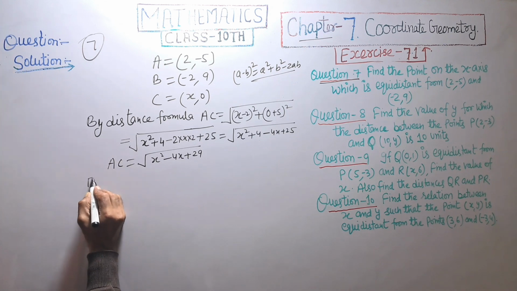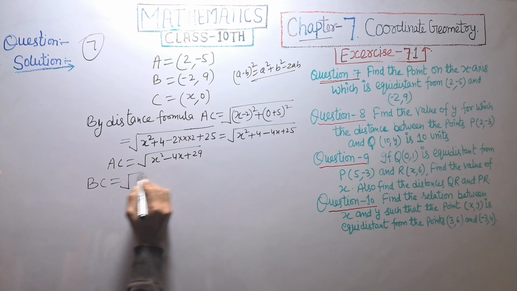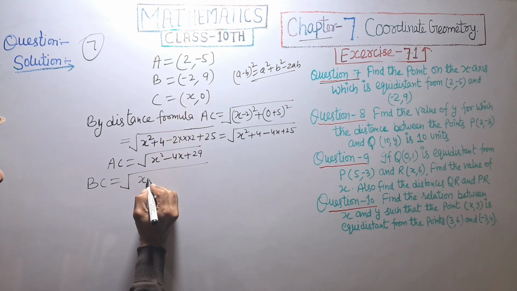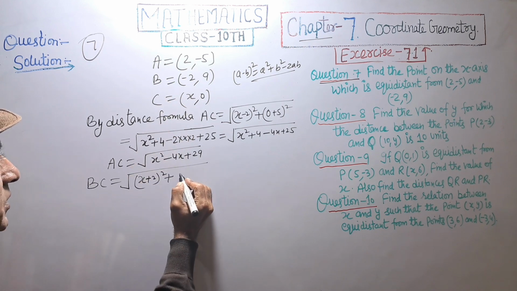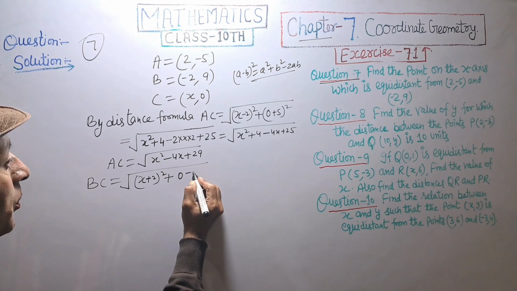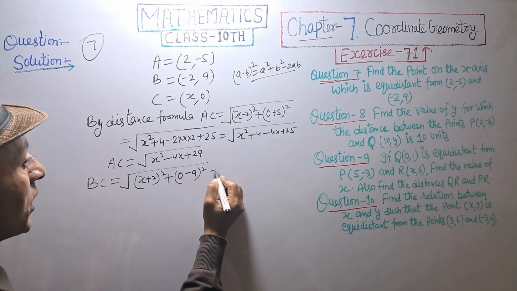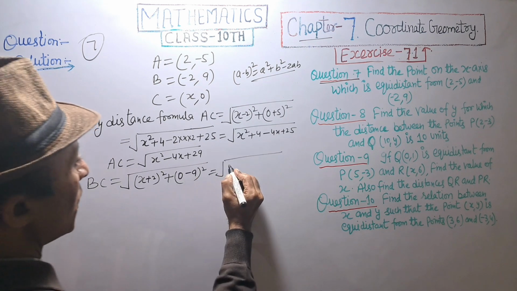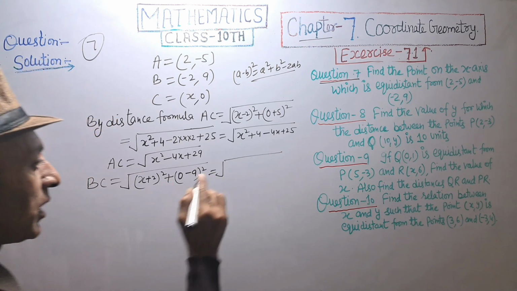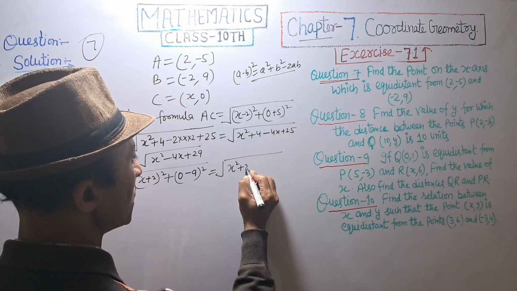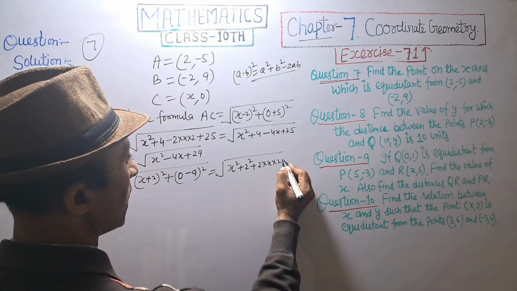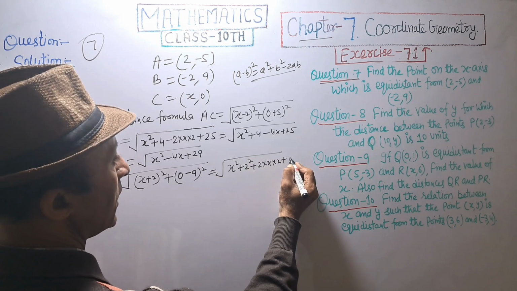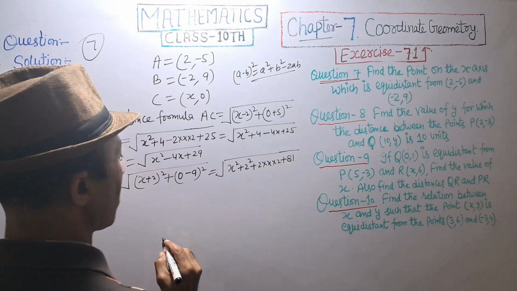And BC by the distance formula, we get (x minus (-2)), that is (x plus 2) squared, plus (0 minus 9) squared. Using (a plus b) whole squared is equal to a squared plus b squared plus 2ab, and 9 nines are 81.